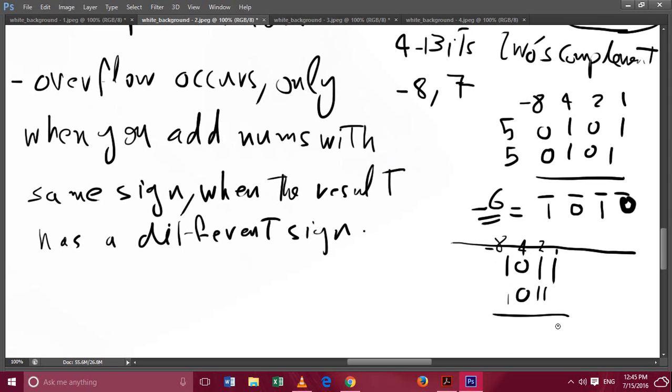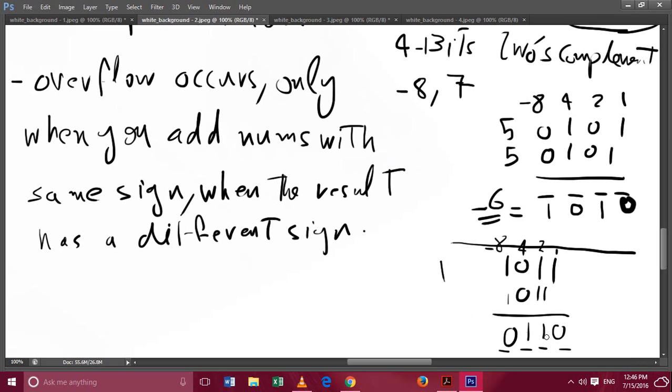1 plus 1 equals 0. Carry 1. 1 plus 1 equals 0. Carry 1 plus 1 is 1. Carry 1 here. And 1 plus 1 equals 0. Carry 1. Since it's 4 bits in 2's complement binary notation, this does not count.